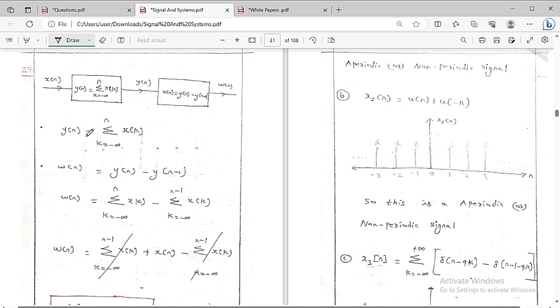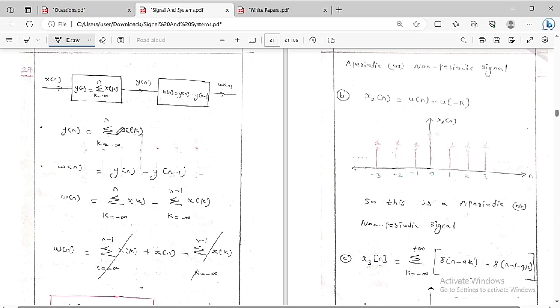Here y of n is nothing but sigma k equals minus m to n x of k. Already they have given that omega of n is nothing but y of n minus y of n minus 1. So y of n is nothing but this value, sigma k equals minus m to n x of k, minus y of n minus 1. What is y of n minus 1? Wherever n is there, replace by n minus 1.